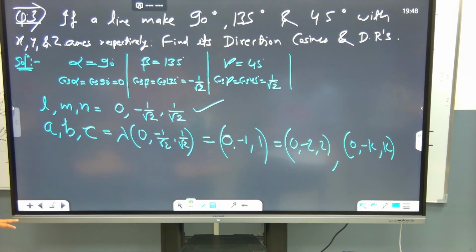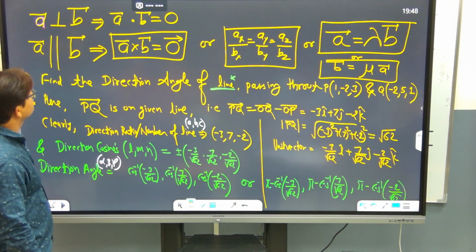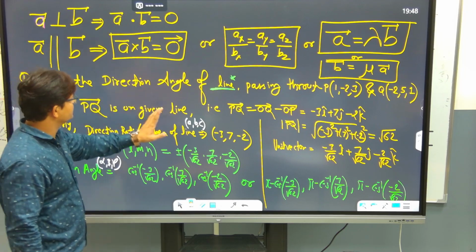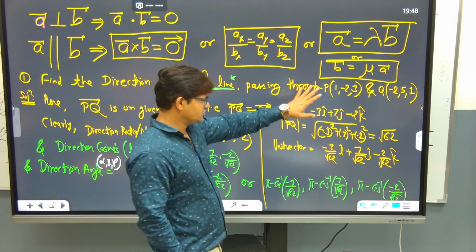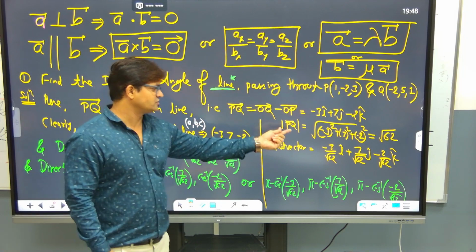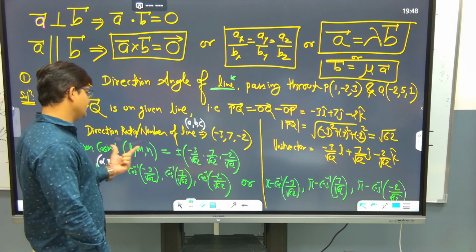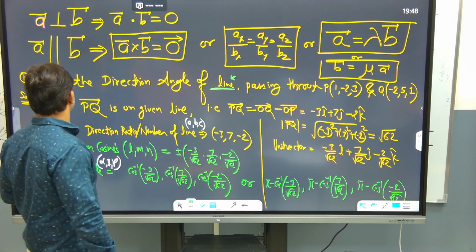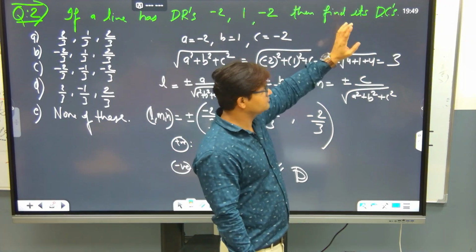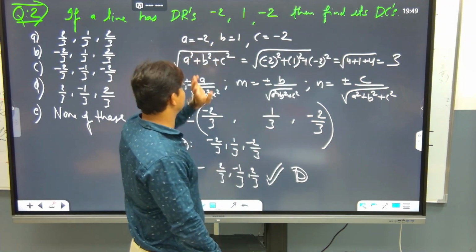Clear? If the direction ratio is given, using the two-point passing line we can find the direction ratio first by x2 minus x1, then directly we can find the DC. Second case, if we have DRs, then we can find DC also, because we have root a square plus b square plus c square.